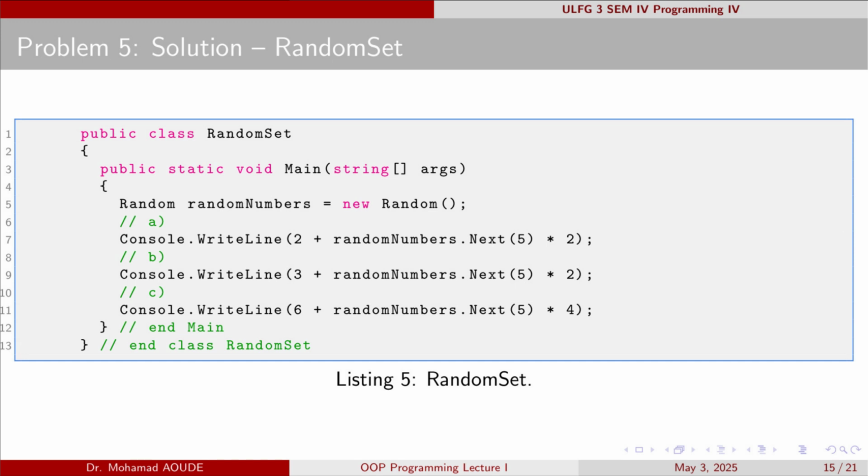This gives you 5 options, 0 to 4, scaled into even numbers. Same idea for 1, 3, 5, 7, 9, just start at 1. This builds intuition for creating structured randomness, very useful in simulations and games.